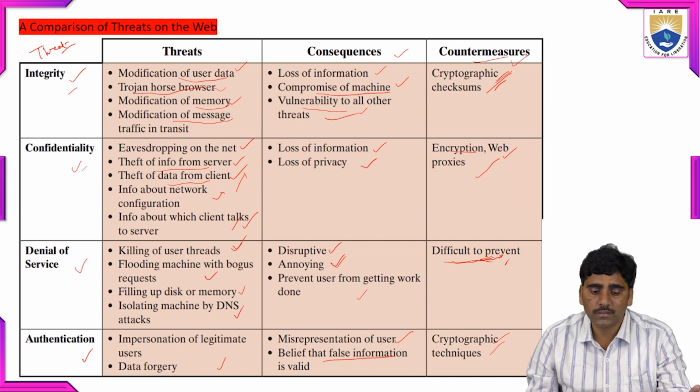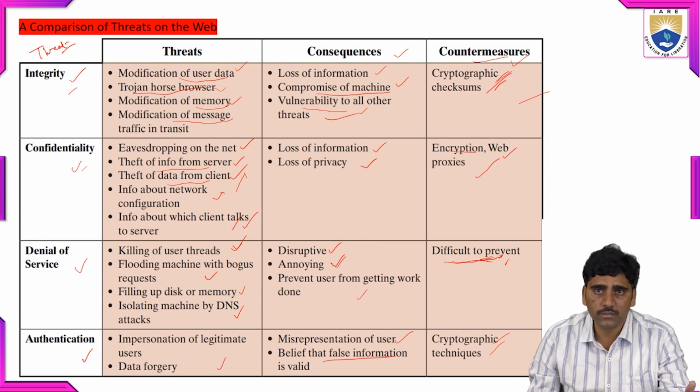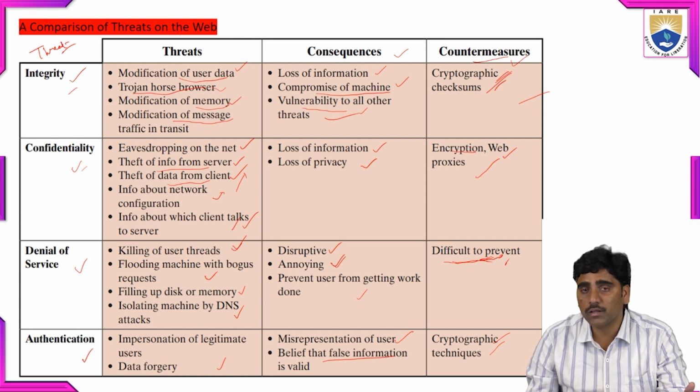And these are the comparisons of different threats, their consequences and the countermeasures. One is integrity threats, the second is confidentiality threats, the third is denial of service threats, and the fourth is authentication threats. For all these types of threats, we show the consequences we face and the countermeasures.